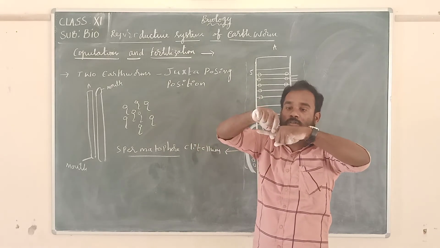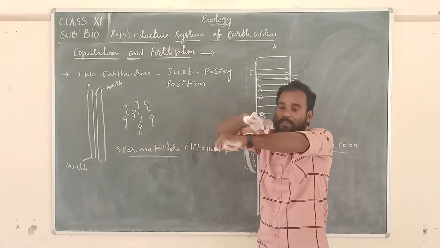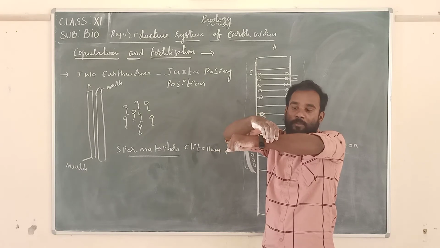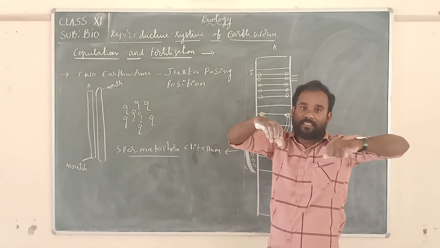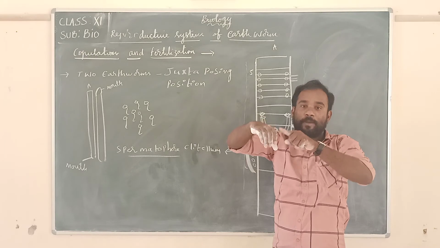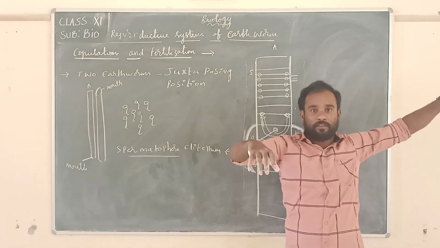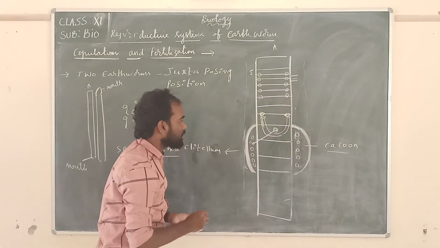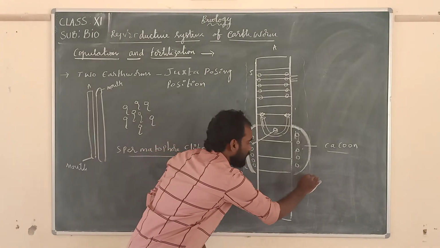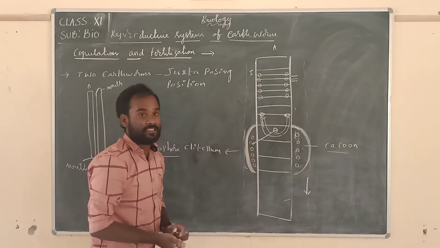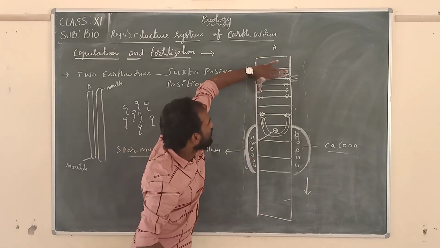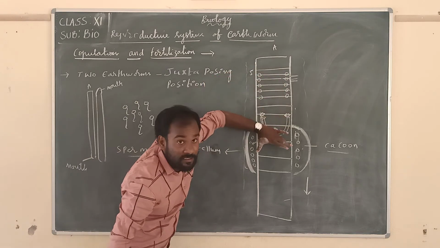This is the earthworm and this is the cocoon. The earthworm is going in the backward direction, but the cocoon stays here. Understood?